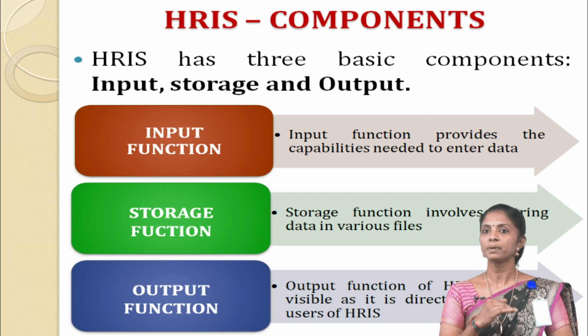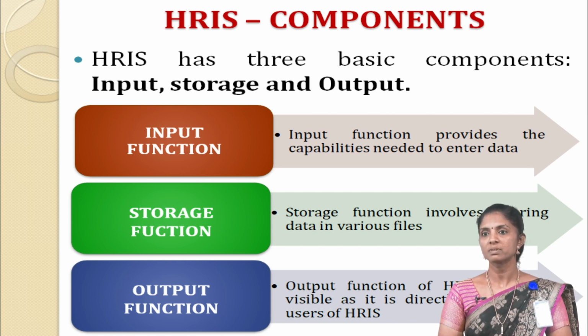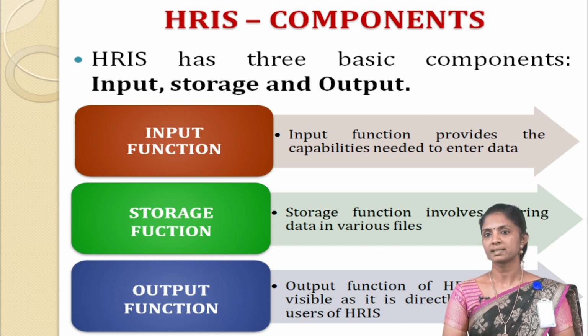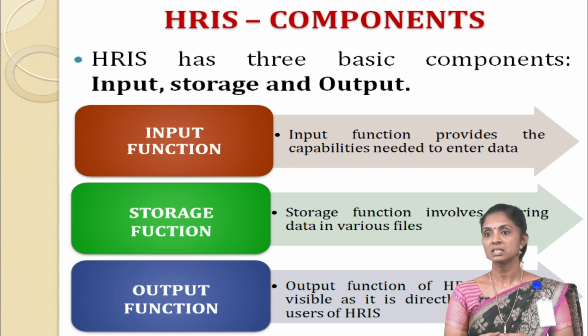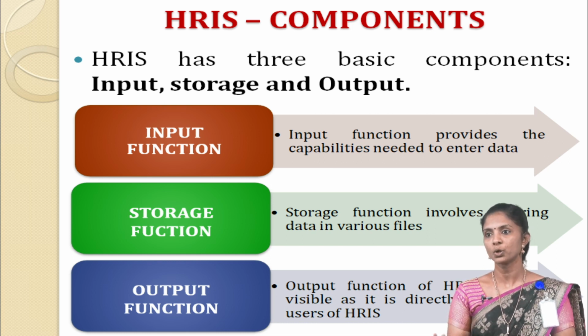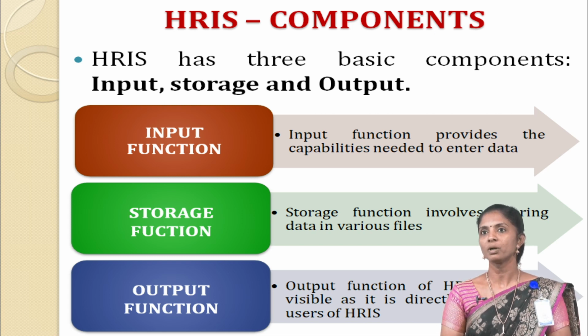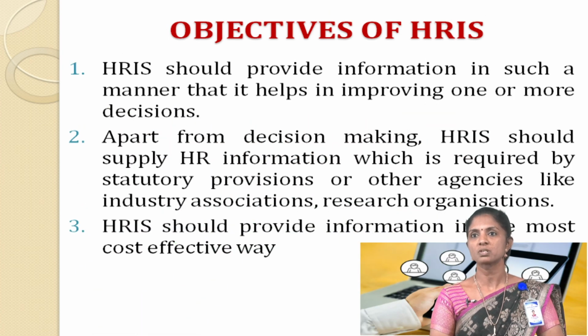The hard copy is printed on paper, or the soft copy is visible on the computer screen. Whatever form is selected, the output is presented in a form which is easily understandable and useful to the user. So these are the three basic functions of human resource information system.